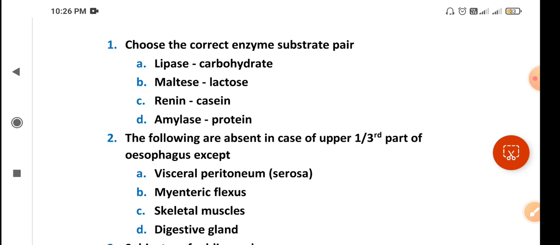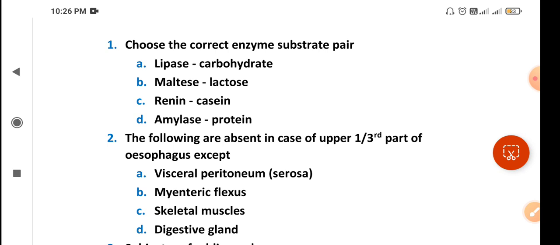Among the given four options, we have to choose the correct pair of enzyme and the substrate on which it acts. The first option is lipase and carbohydrate.